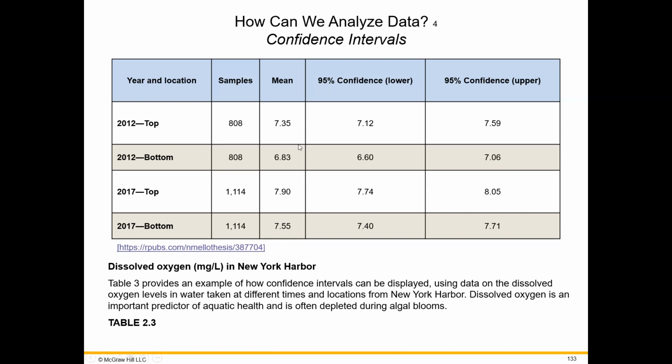So if a fish that lives in the middle of the water column does not get enough oxygen, it could die, float to the top, and the decaying body, along with bacteria, can deplete oxygen further, like what we saw with eutrophication.